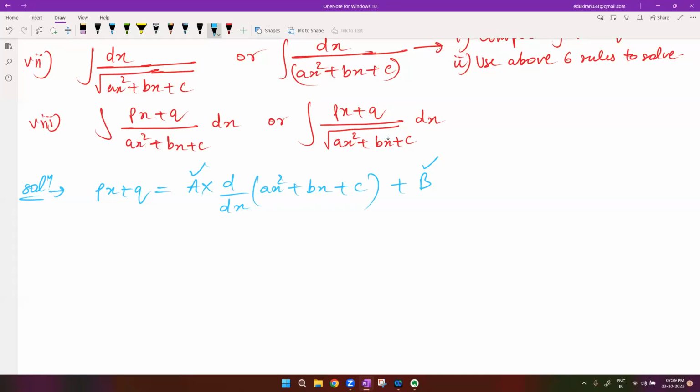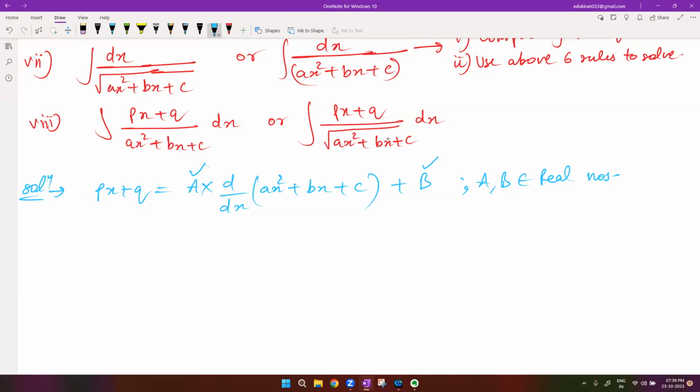Now understand, if we find a and b, we will write this numerator part with some transformation. A and b both are real numbers, and the transformation will be a into the differentiation of your denominator, which is a quadratic function, plus b.